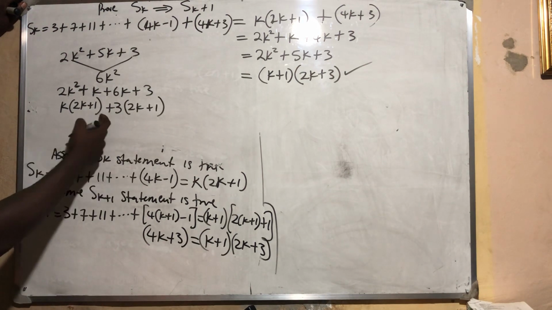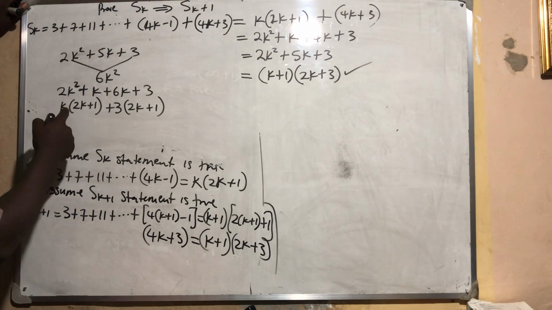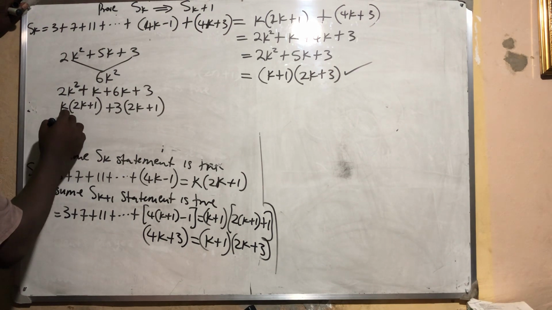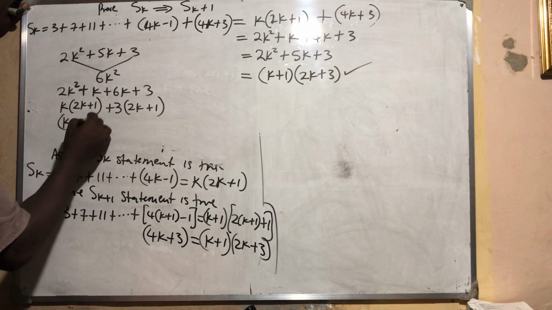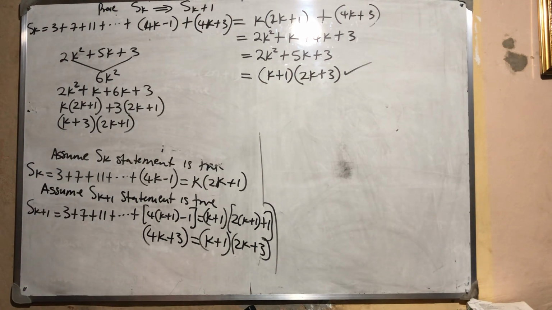So what is common between this line and this line is what? Are you sure there is no mistake somewhere? This is k plus 3 and 2k plus 1.